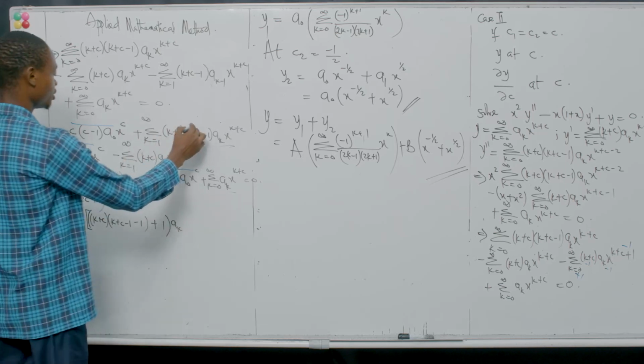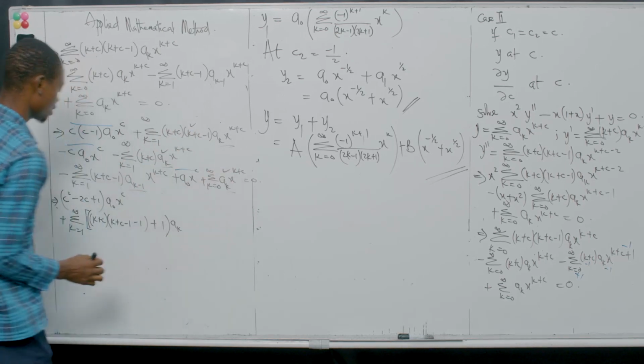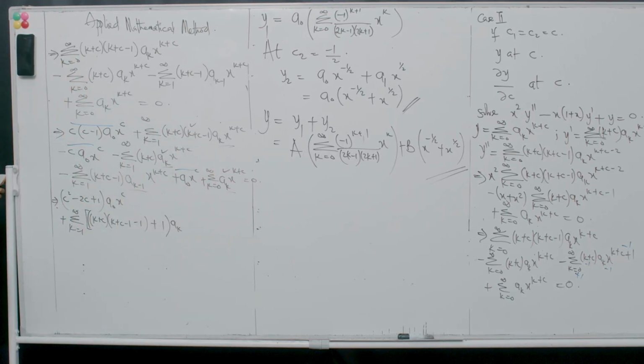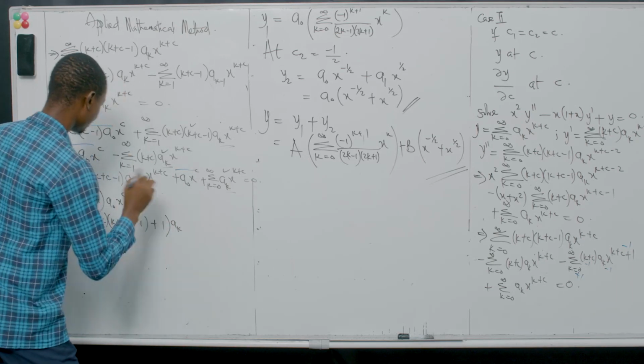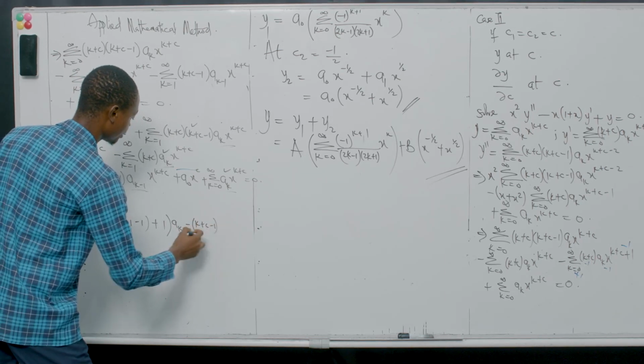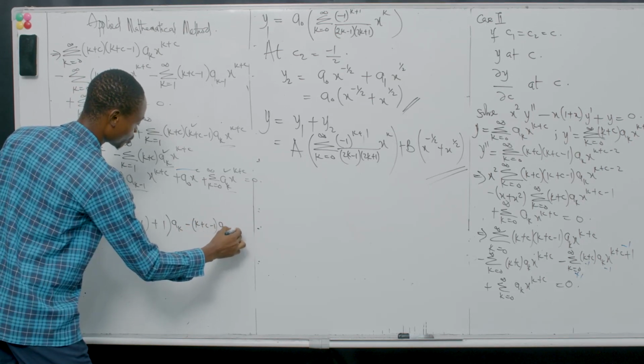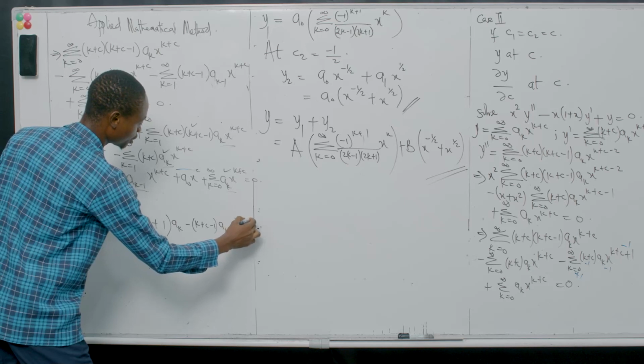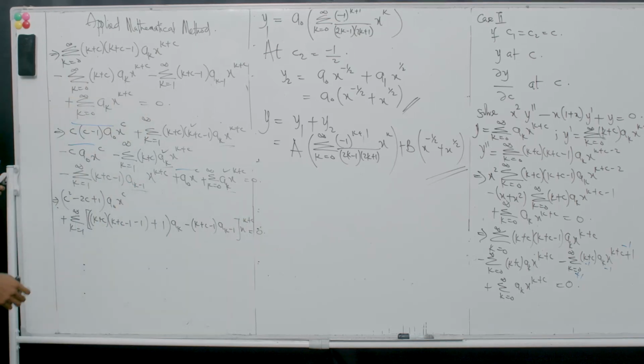So we have dealt with this, this, and this. Remember, keeping track of the equations is like the hardest part in this entire space. Minus (k + c - 1) a_{k-1}, all of it x^{k+c} is equal to 0. Good.